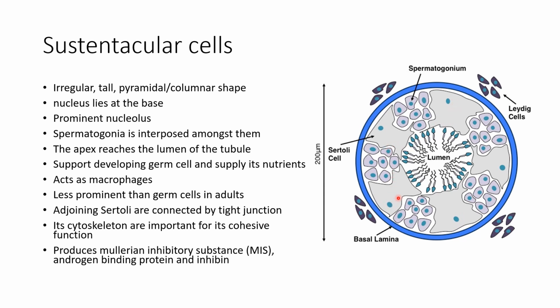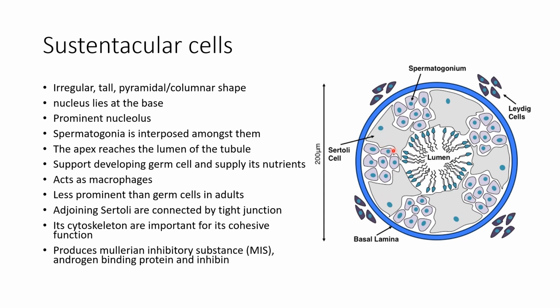So they tend to offer more of a physical kind of support, not necessarily only physical, because there is evidence to show that some substances are being secreted by this particular cell, which are useful for the growth of the spermatogonium cell, so that they are not lost.